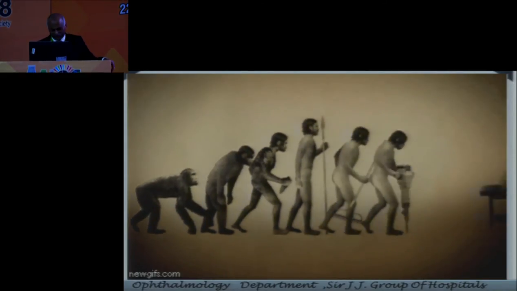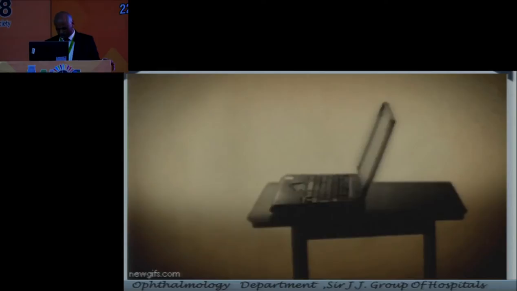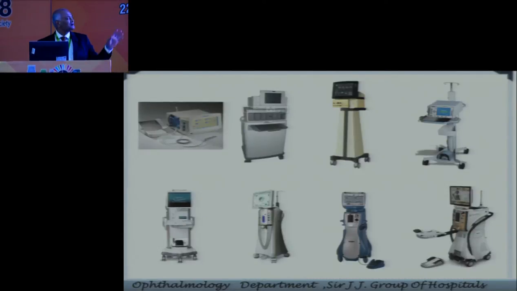So yes, we are there up to the femto. Now these are all the machines you can see. These are all companies, not one company, all company machines. And at the end of the talk, I am going to tell you what machine you can purchase and why you should purchase that machine.